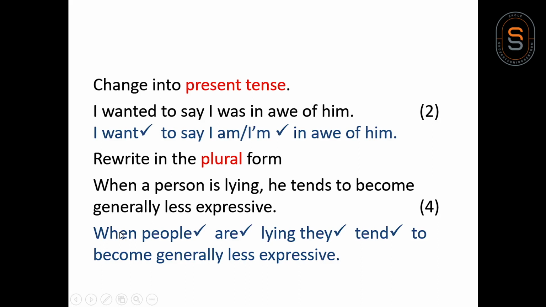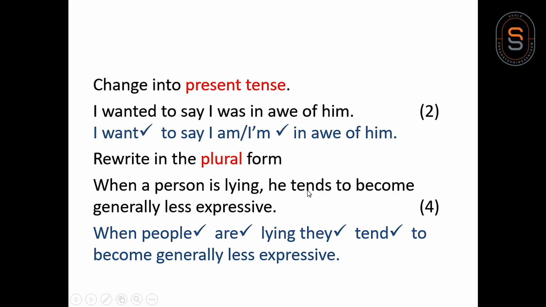When remains when. A person changes to people. Is cannot be is anymore because it's plural. Do not change the tense, just change it to plural. Is will become are. Lying, comma. He must be more than one, becomes they.